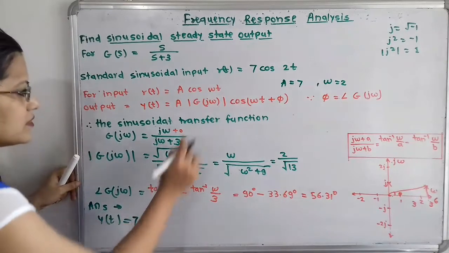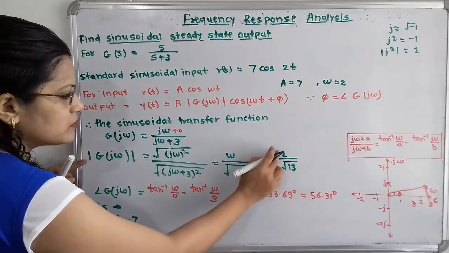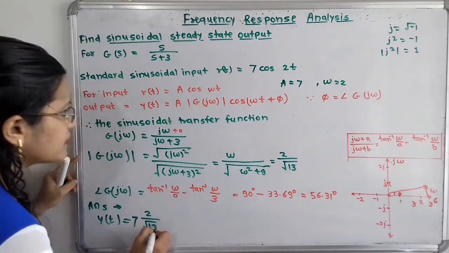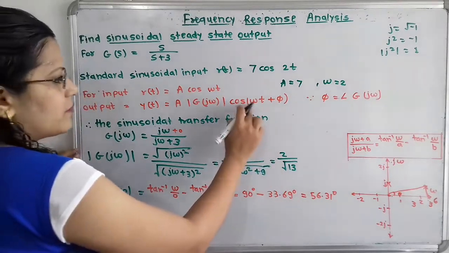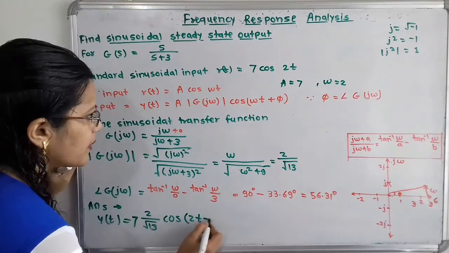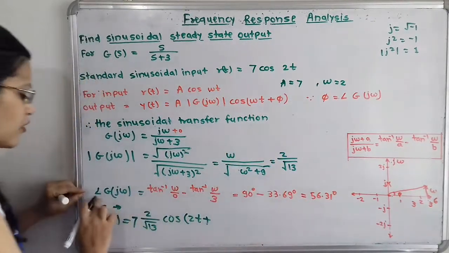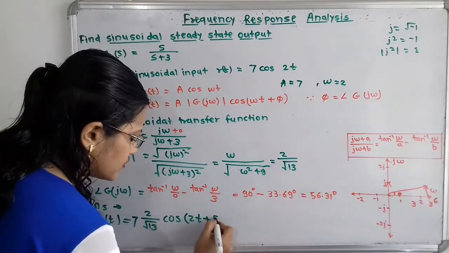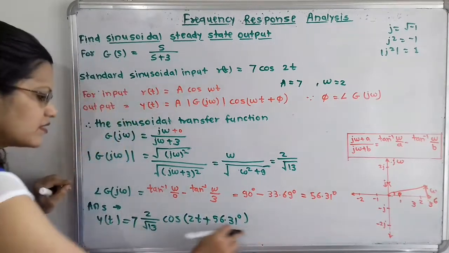It is the modulus of G of j omega. The modulus of G of j omega is 2 divided by under root of 13, so 2 divided by under root of 13 cos of omega t. Here omega is 2, so cos of 2t plus phi. What is the value of phi? Phi is the angle of G of j omega, which is 56.31 degrees. So here is the answer.